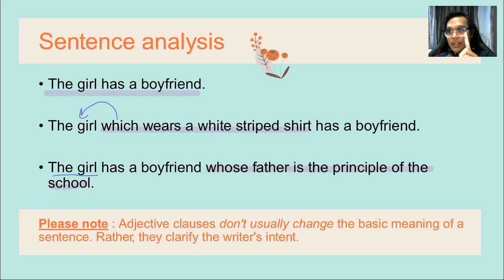The first answer is the girl, and the second answer is a boyfriend. The answer is that this clause modifies the word a boyfriend. We talk about a boyfriend, and this boy has a father who is the principal of the school. Principal of the school means the head of the school.